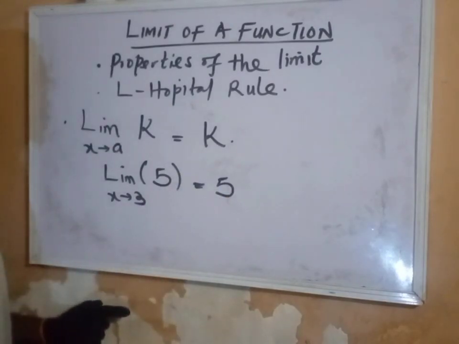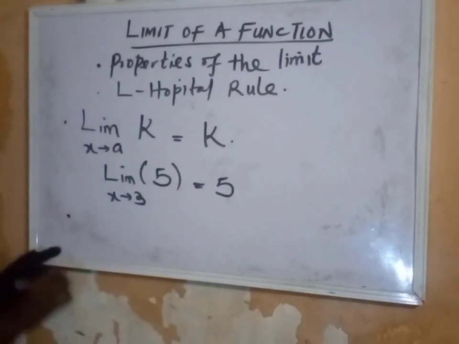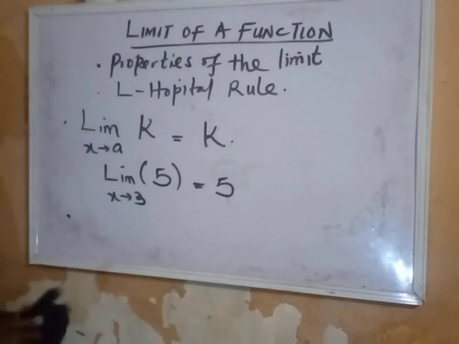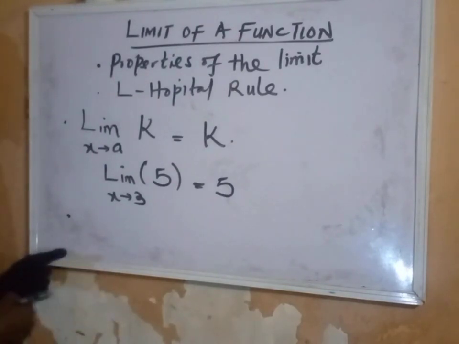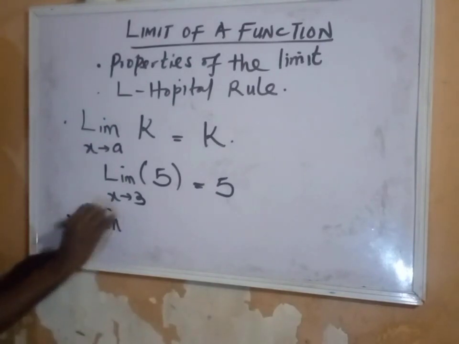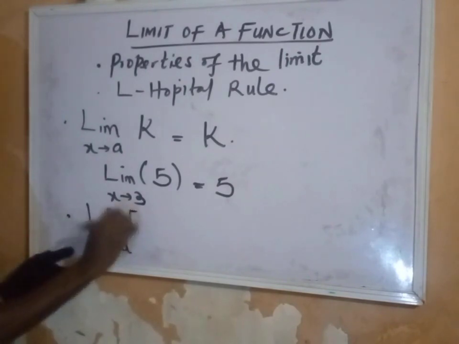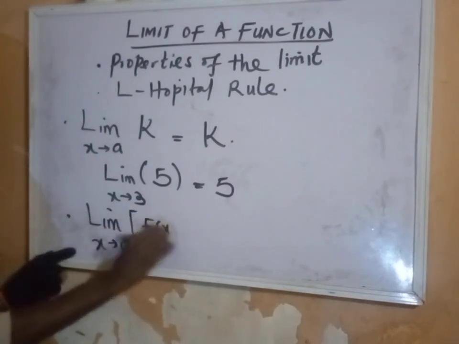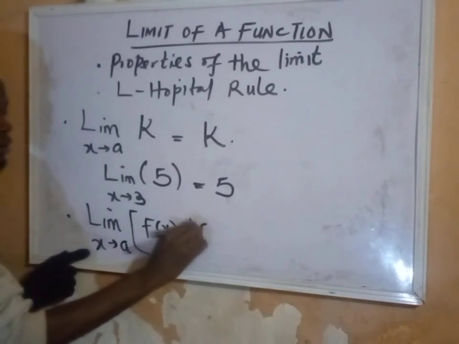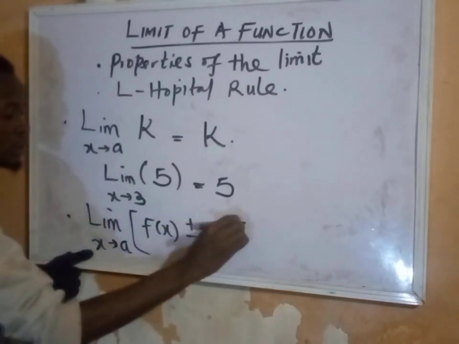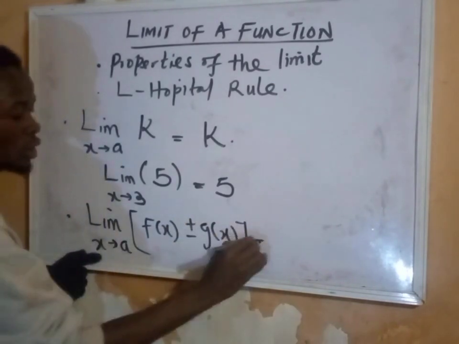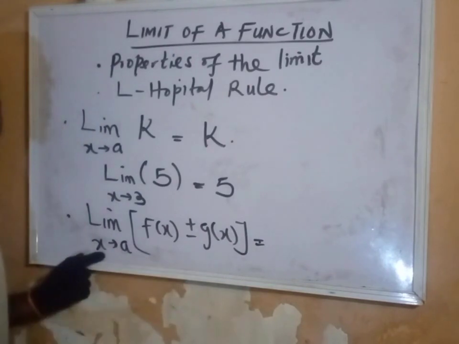Then you get it. The second limit property we are going to consider here is the limit of positive or negative values. To do that, it's very simple. Let's say the limit of x tends to a of f of x plus or minus g of x. To do this, just separate these two and that is all.